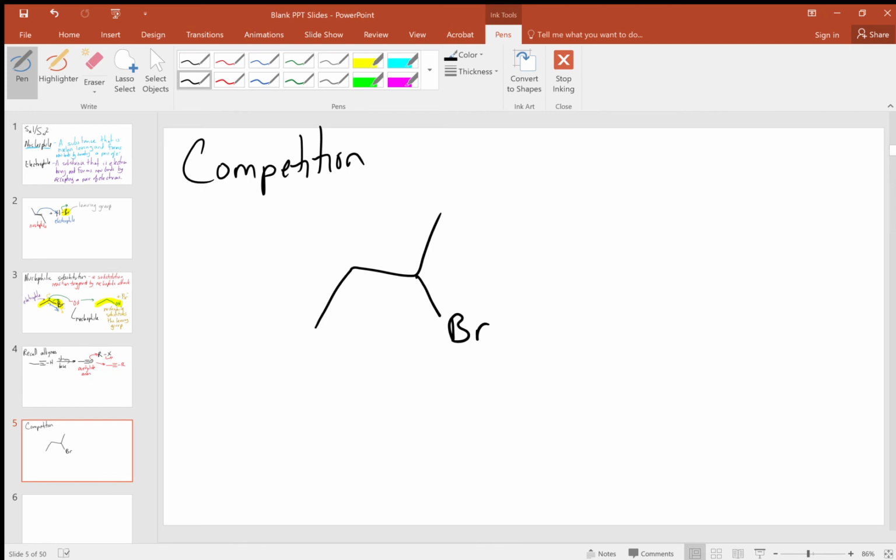So the reactions we learn about here, while we're mostly going to talk about them with alkyl halides, this can be anything that's a good leaving group. What's a good leaving group? That's something we'll define later on. So the competition is with a process known as elimination.